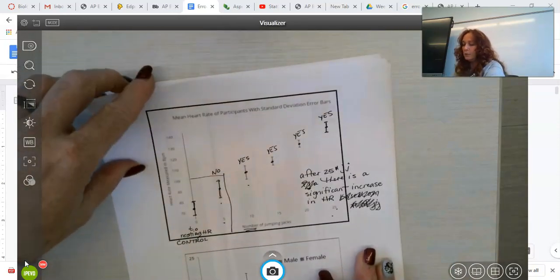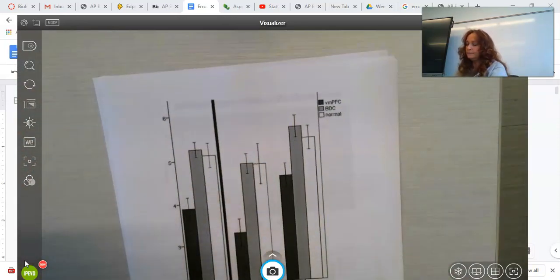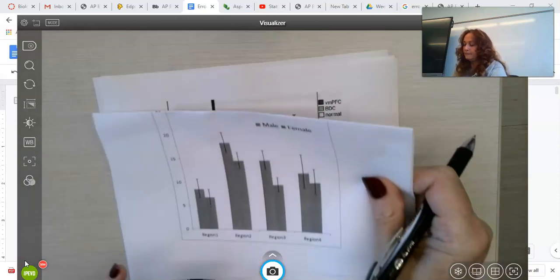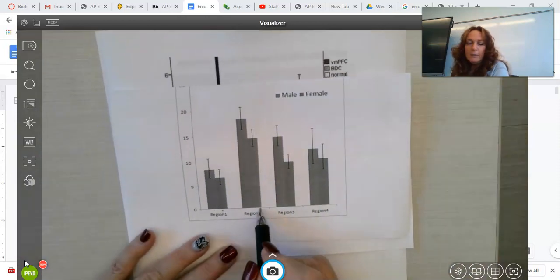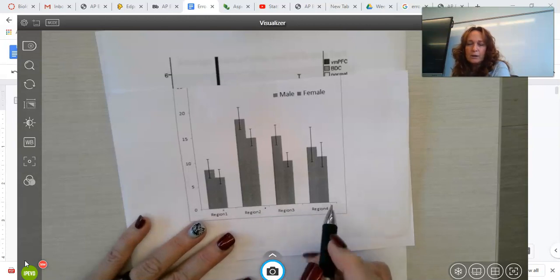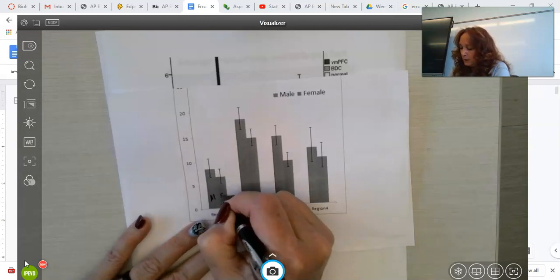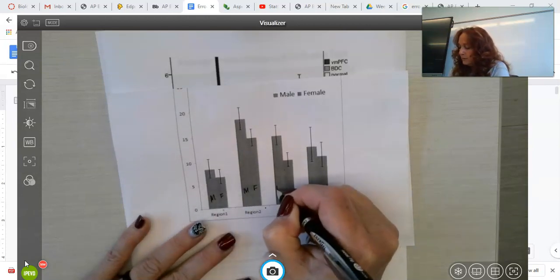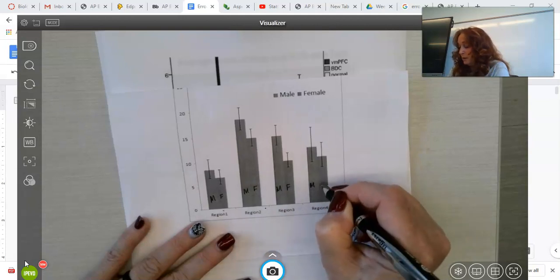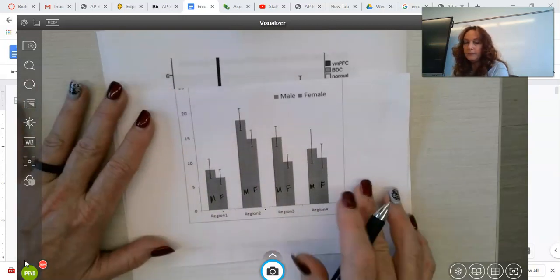For the next one, you're looking in 4 different regions, and you're comparing, even though you can't tell, males and females. You're measuring something that they do.